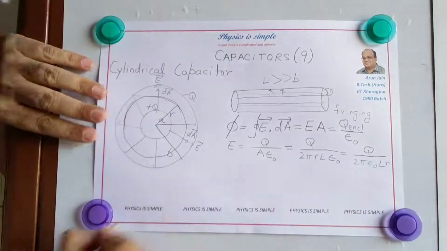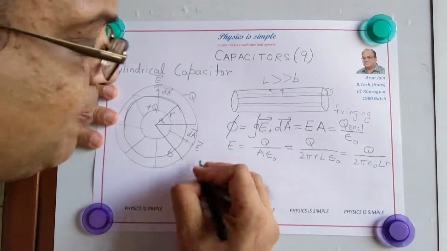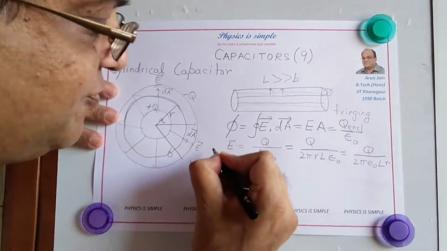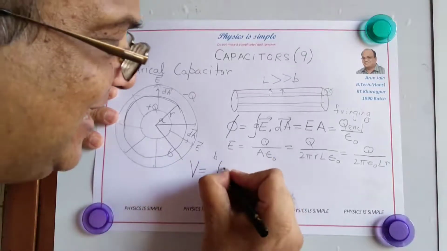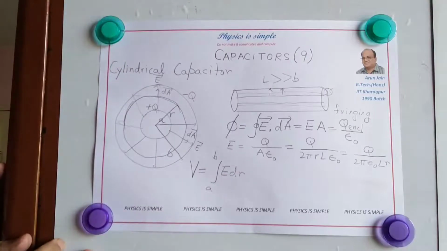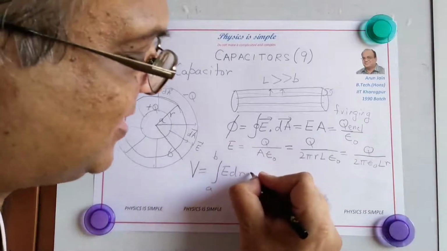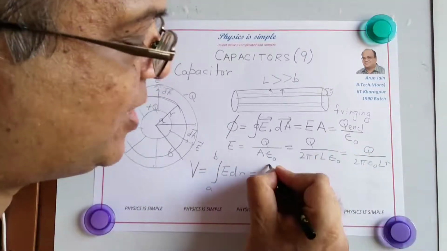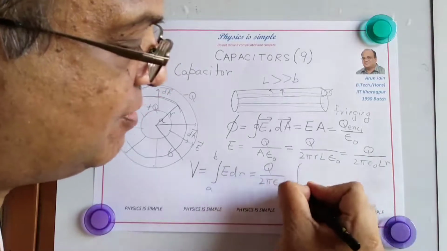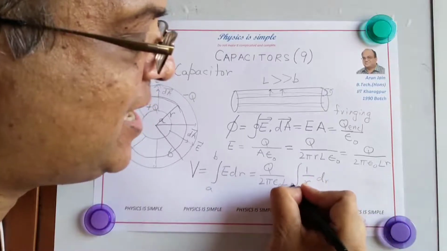into r. Now we have to find the potential difference between the plates. The potential difference between the plates will be given by integration of E dr from a to b. Here the electric field is variable, so we need to do this integration. So we get, these are constant, Q by 2 pi epsilon naught L, integration of 1 by r dr from a to b.